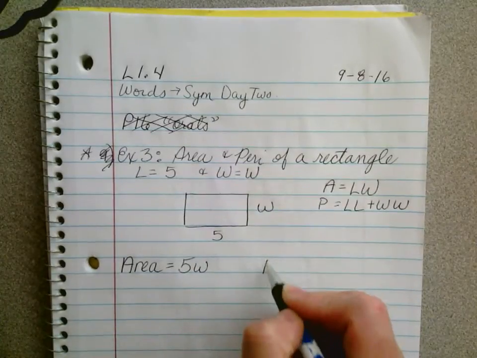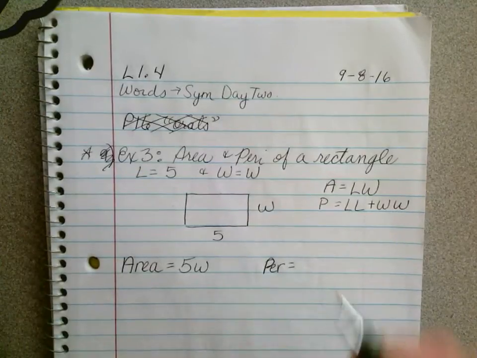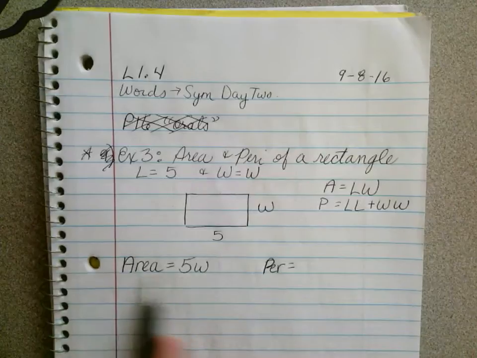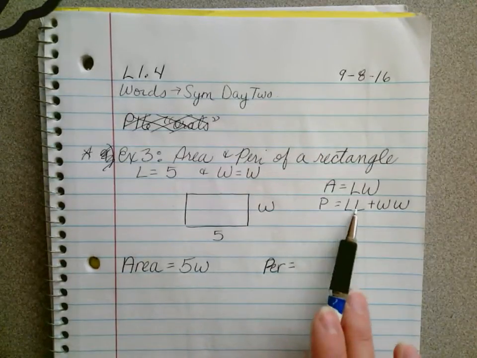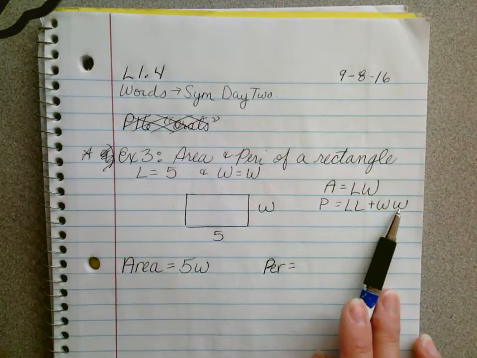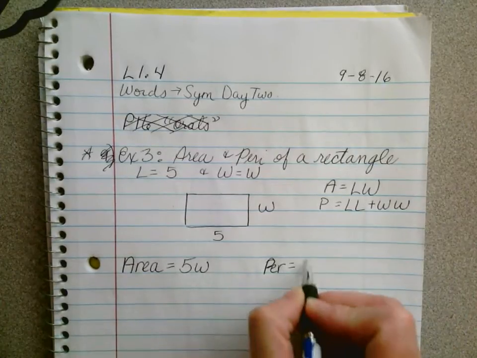And if perimeter is the sum of the sides, Jay, what do you think perimeter would be? 5W? Nope, that's length times width, right? Area. We're looking for perimeter. Perimeter is the sum of the sides, just like a normal perimeter. Sum means add. 10W?